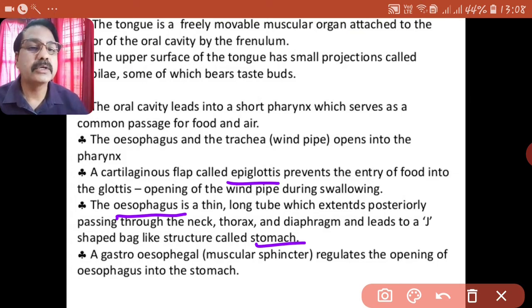A gastroesophageal muscular sphincter regulates the opening of the esophagus into the stomach. This is very important. The food we eat slowly enters the stomach through this muscular sphincter, called the gastroesophageal sphincter.